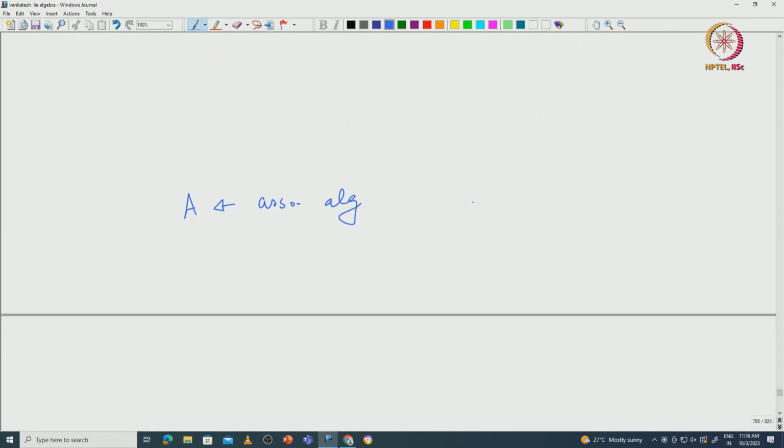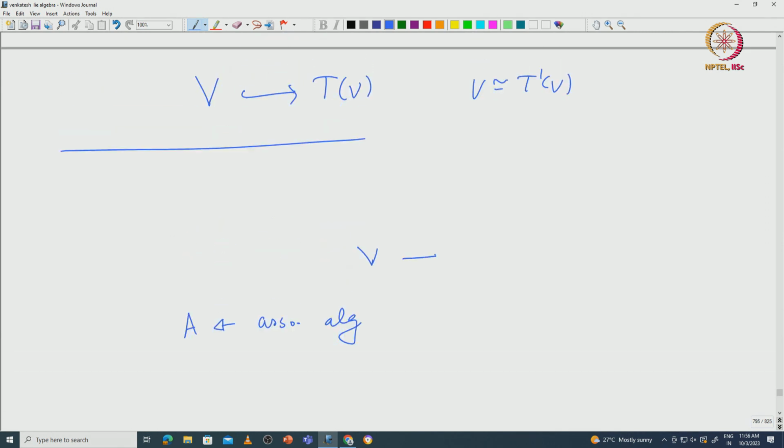If you start with an associative algebra A, and a linear map F from V to A, then there is the natural embedding iota of V into T(V). F is just a linear map of vector spaces.